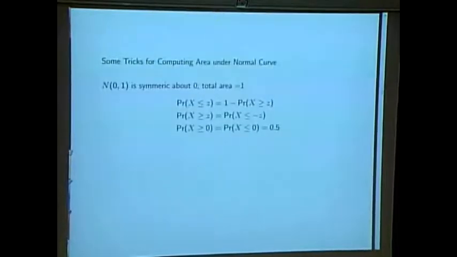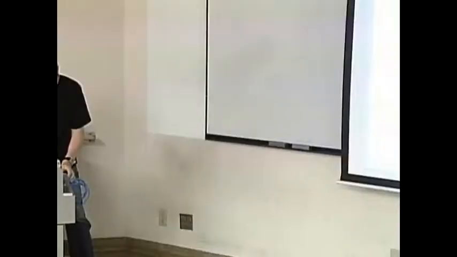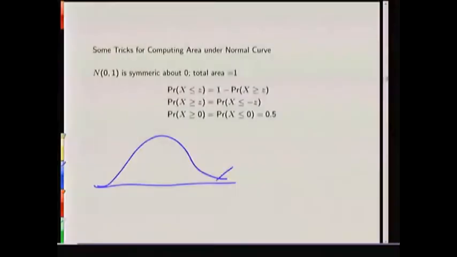So to illustrate some of these things, let's just run a few examples of calculating some probabilities under the normal curve. Just to remind you of some particular tricks, if we have the normal curve, we know that the total area is equal to 100%. So the area under the normal curve from minus infinity to infinity is equal to 1.